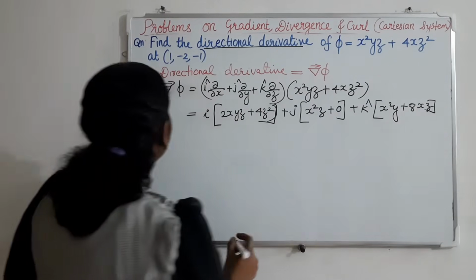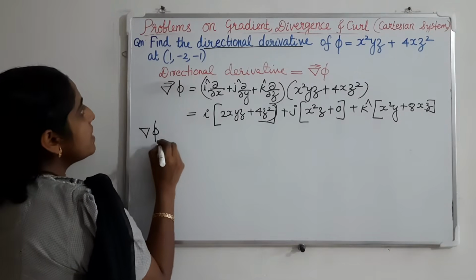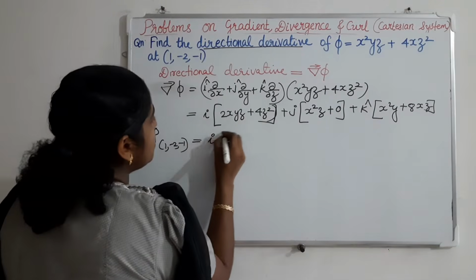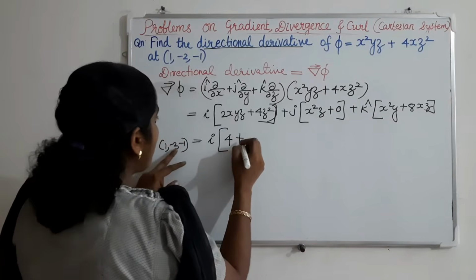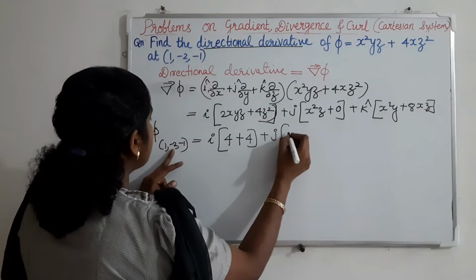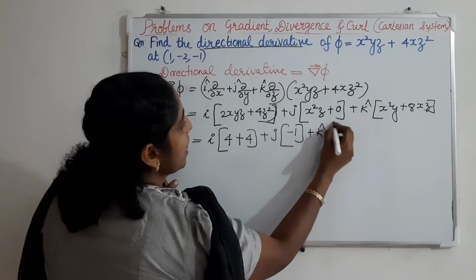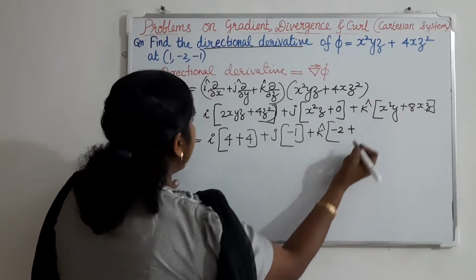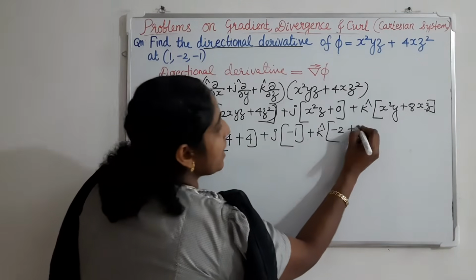Now we have to find this del phi at the point (1, −2, −1), that is equal to i into 2xyz, that is 4, plus 4z², that is 4, plus j into x²z, that is −1, plus k into x²y, that is −2, plus 8xz. xz is −1, into 8 is −8.